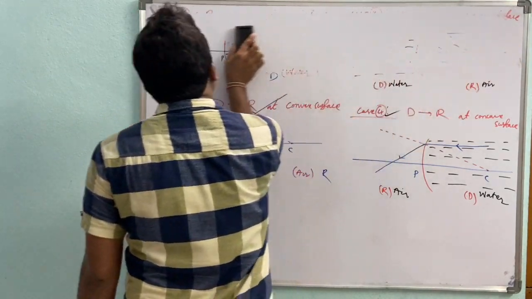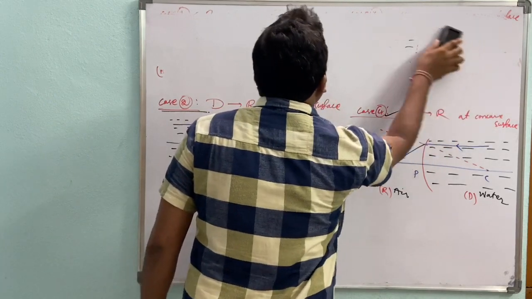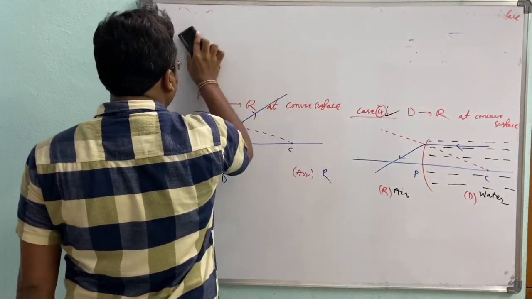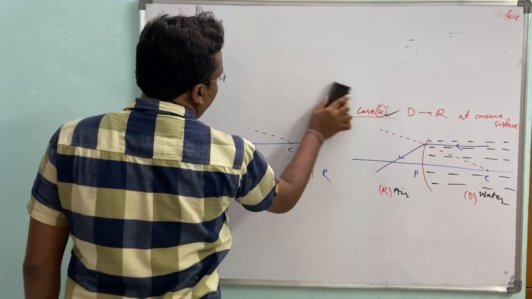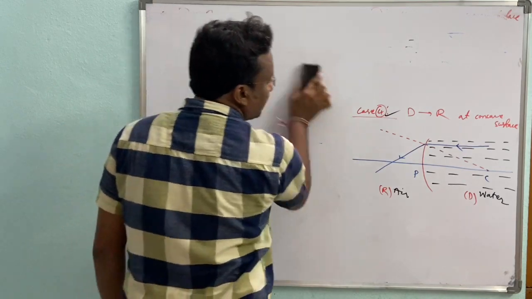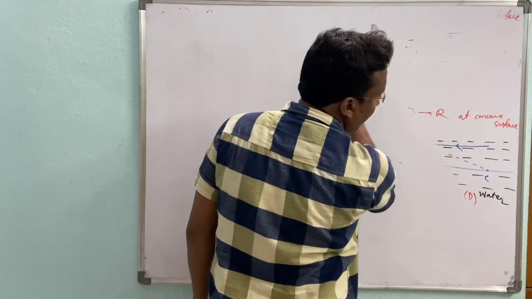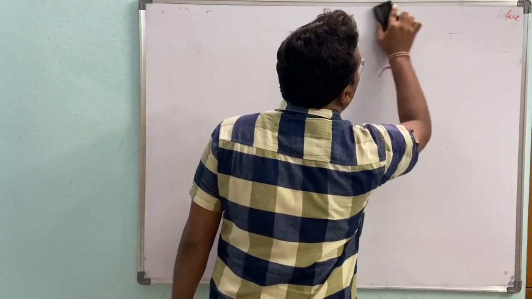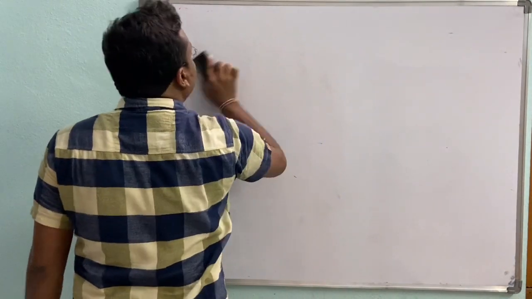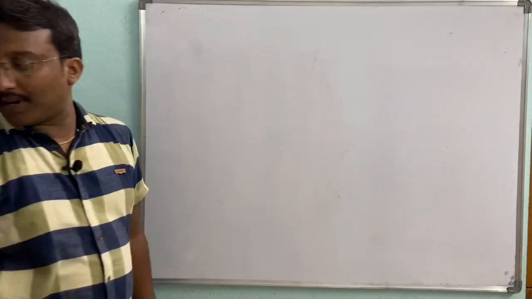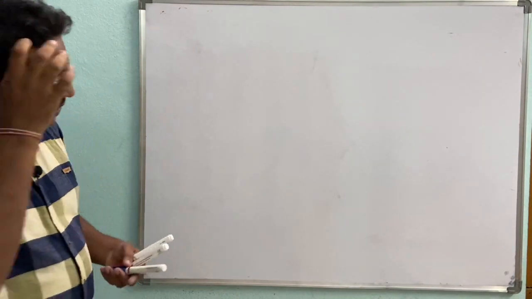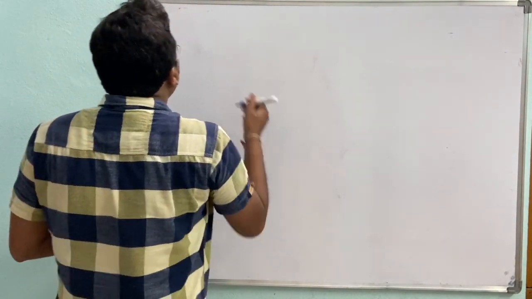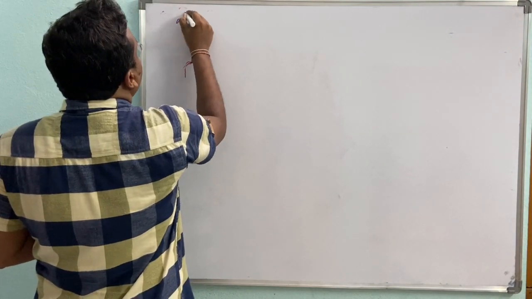What happens if the ray passes along the principal axis? Got it? Here, along the principal axis.